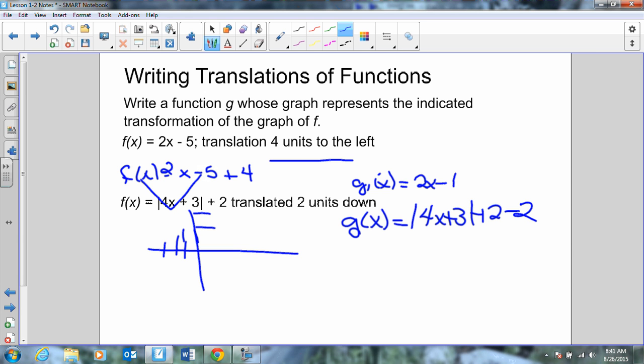Yeah, good. Okay. So we took that function that they gave us. We took away 2 to make it go down 2. And now we simplified. And you guys took an extra step and did it all at one time. The absolute value of 4x plus 3 plus nothing. So we shifted it back to here for the vertex.